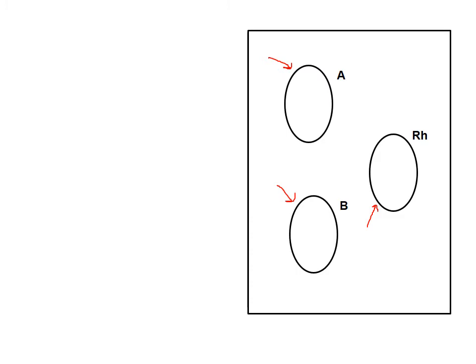So I'm going to give you a second to think about what this is. So it doesn't have any of these on here. So this would be O negative. This blood has none of the possible three antigens.